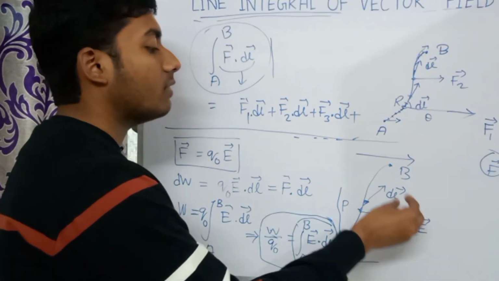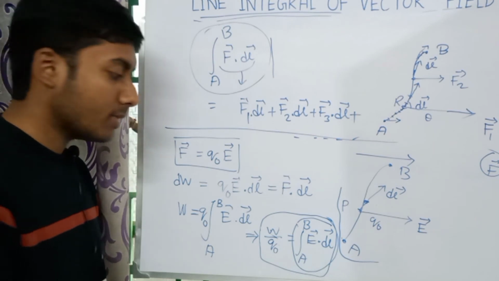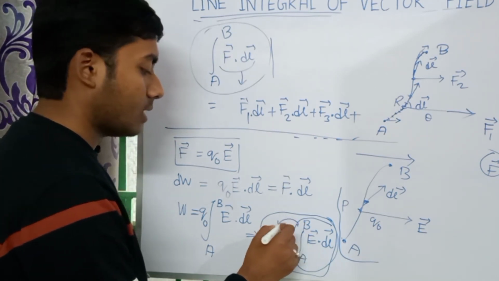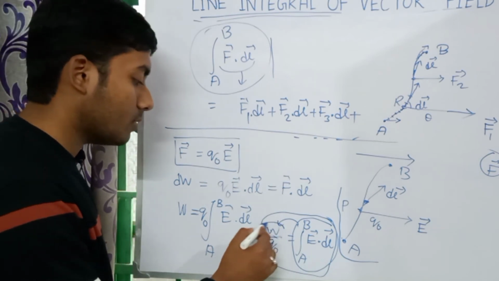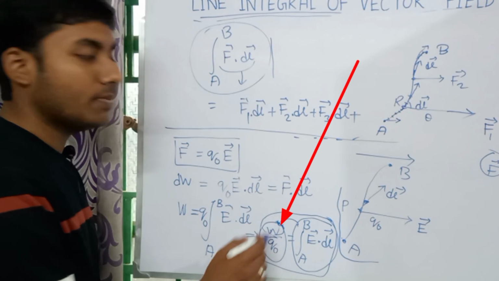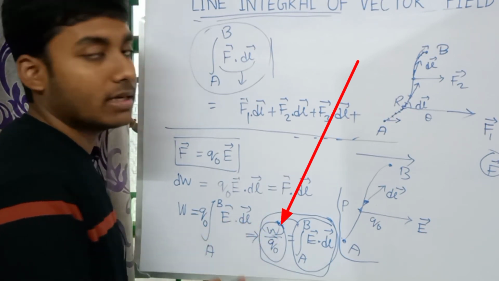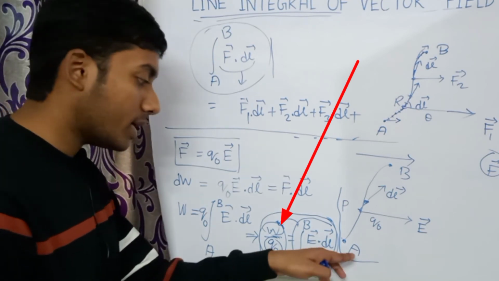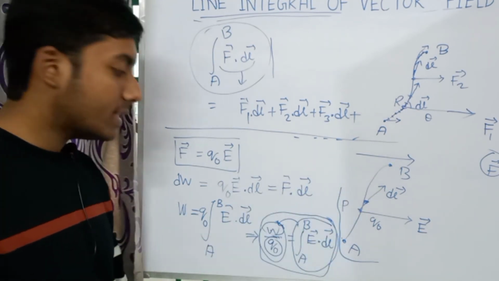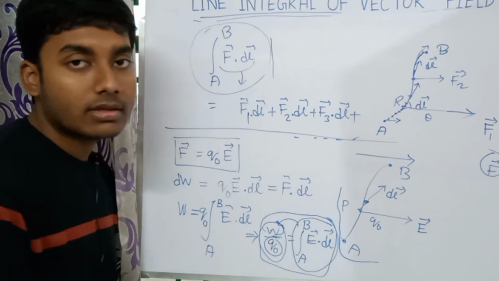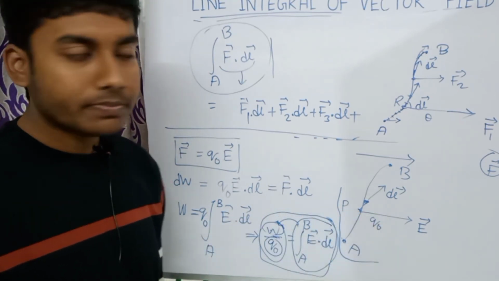So the line integral of the electrostatic field from point A to B gives us the work done to take a unit positive charge from point A to point B, and this is the relation between the line integral and the work done in an electrostatic field.